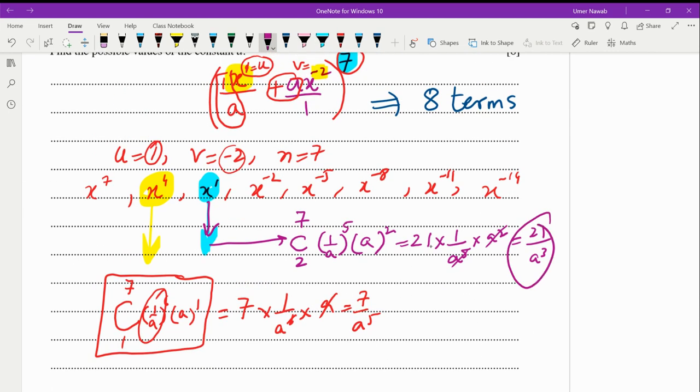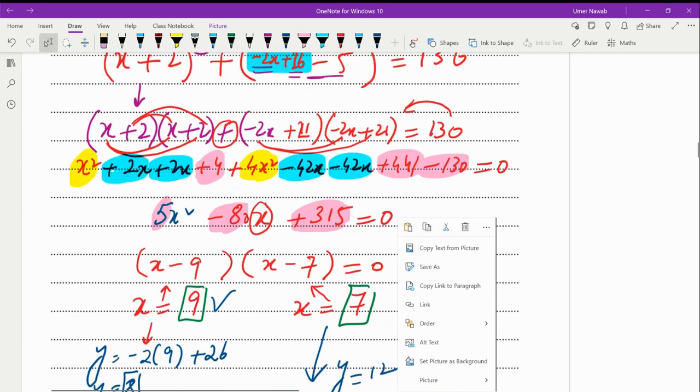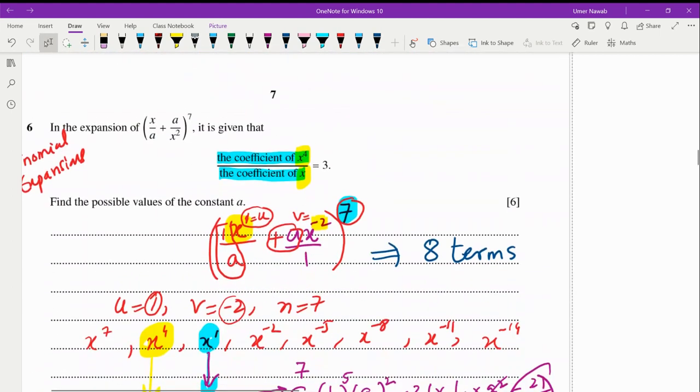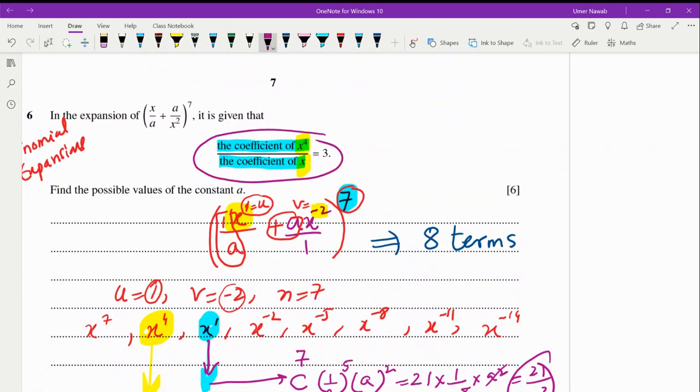Now after finding these two numbers, my job is done, everything is calculated. Let's go back. What is the equation given by the examiner to me? The examiner gave you this equation.